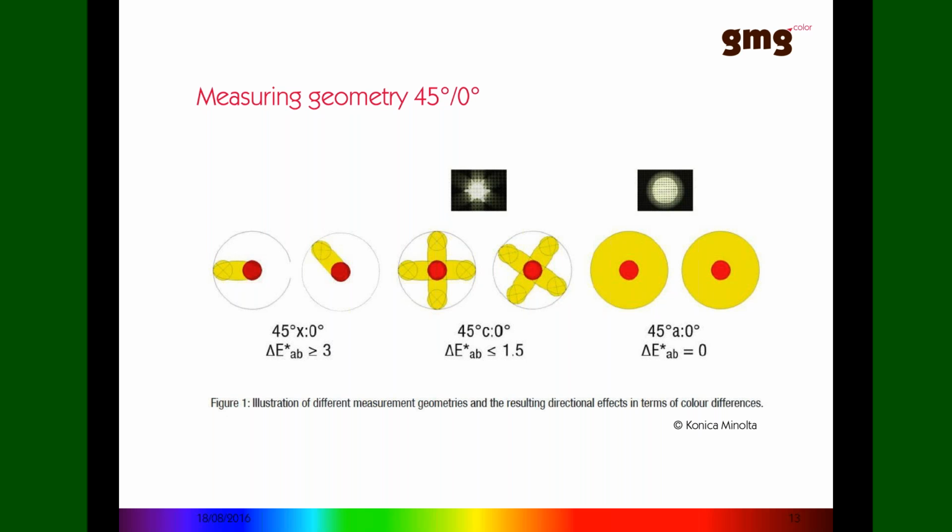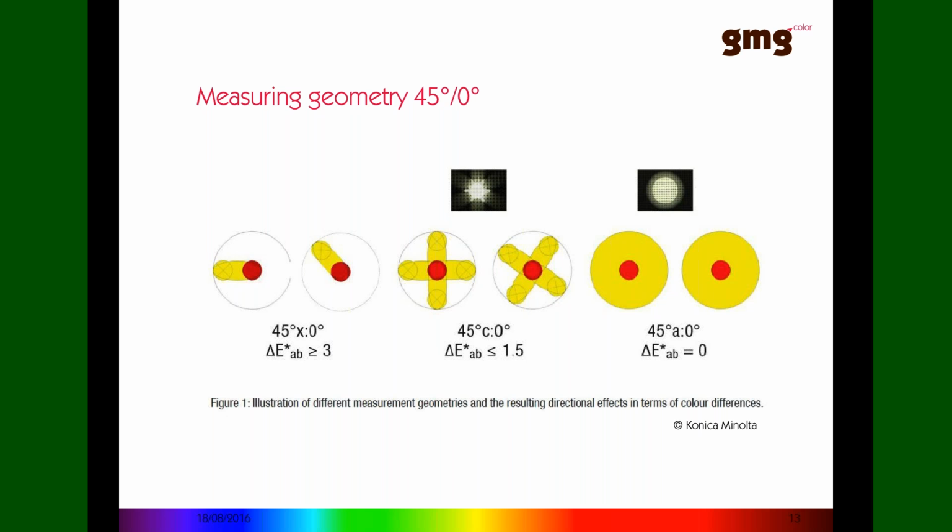And when you rotate such a measuring device by 45 degrees, for example, then you can achieve a delta E difference of the same patch of lower than 1.5 delta E. So you are much better in comparison when turning the measuring device a little bit.